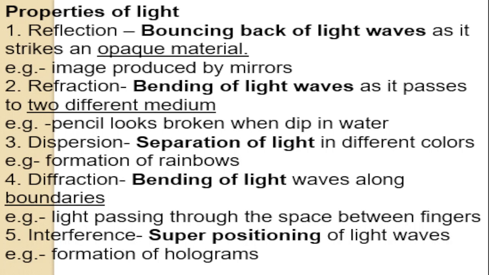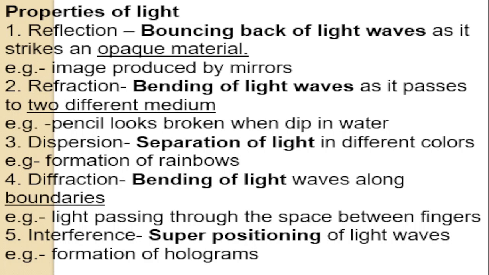An example of this is a mirror. When you put a flashlight in front of the mirror, the light is being reflected. Why? Because mirrors are an example of opaque material. A wall is an example of an opaque material.